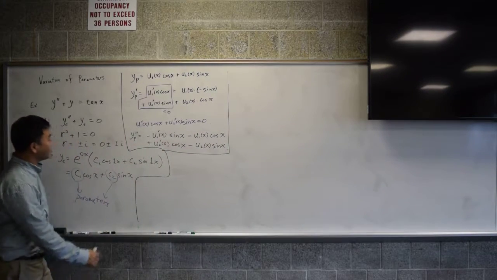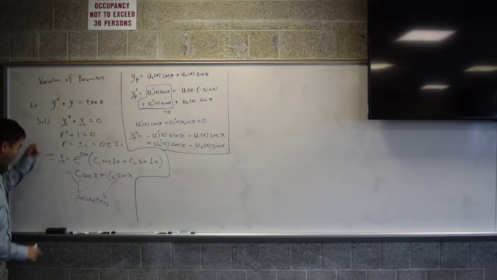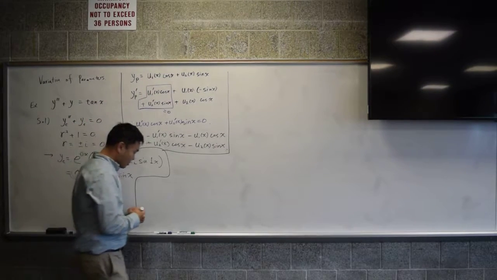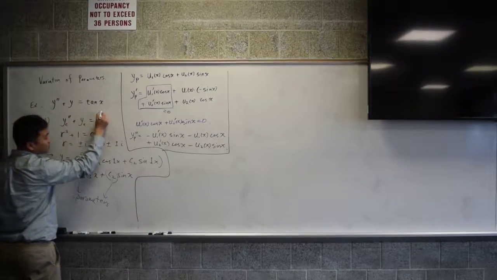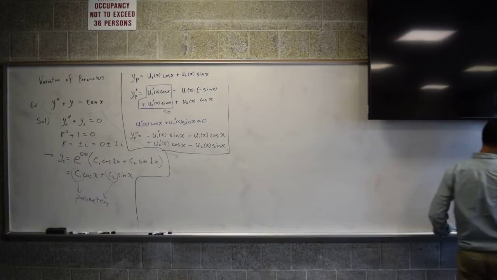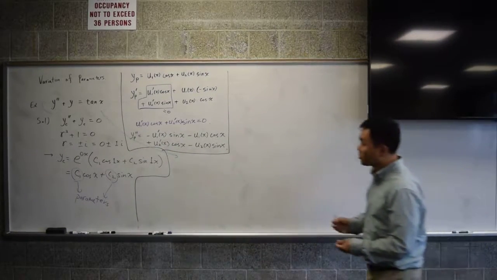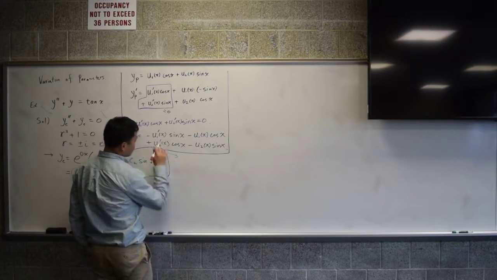Now let's plug in this thing in here, that thing in here, and let's see what this equation becomes. Okay, first y double prime is this thing, so let's just copy this down.